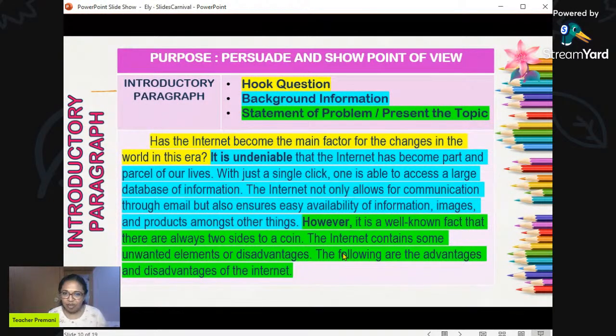Okay, so now we are going to the statement of problem. You see how I write? "However, it is a well-known fact that there are always two sides to a coin." It's a very good expression, right? It means there are pros and cons. You also can say that. The lower proficiency student can say, it is a well-known fact that there are pros and cons while using the internet.